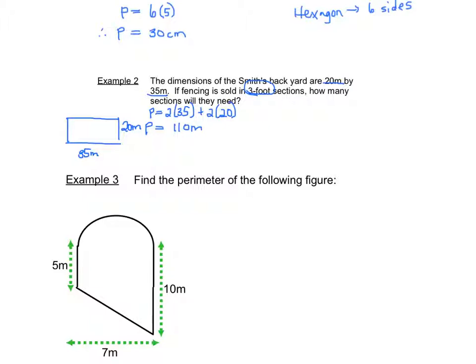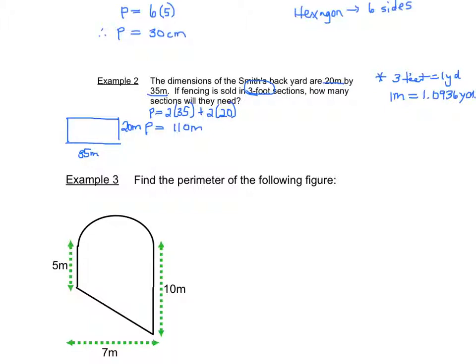Let's convert that to feet. That makes more sense than doing two conversions. Now, meters to feet. Remember that 3 feet is the same as 1 yard. Since the fencing is sold in 3-foot sections, really that means each section is 1 yard long. And we know from our conversion charts that 1 meter is equivalent to 1.0936 yards.